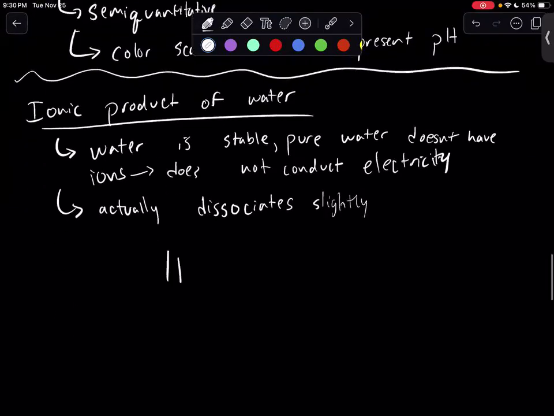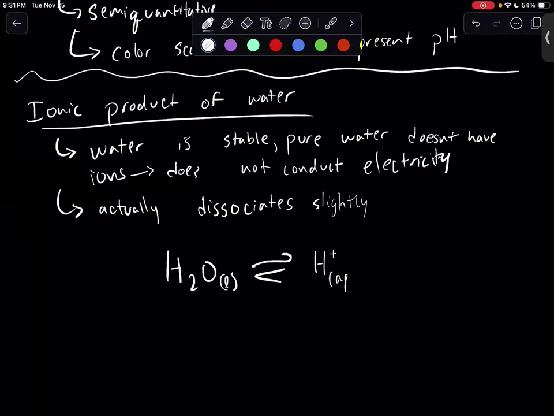When we look at water, it can break down in an equilibrium to form H plus aqueous plus OH minus aqueous. So it can break down to form its acid-base components.